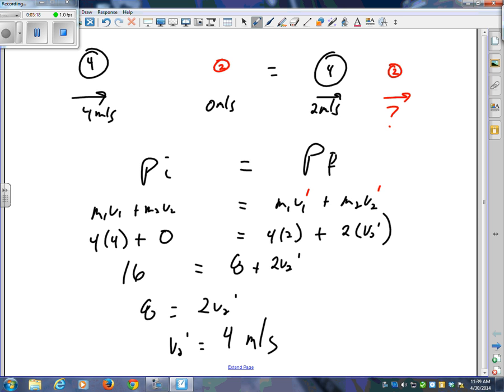It all got transferred over? No, it's half that. The total is the same, though. I got 16 here, and on the right I got 2 times 4, which is 8, plus 8, so 16. Momentum is conserved. Make sense?